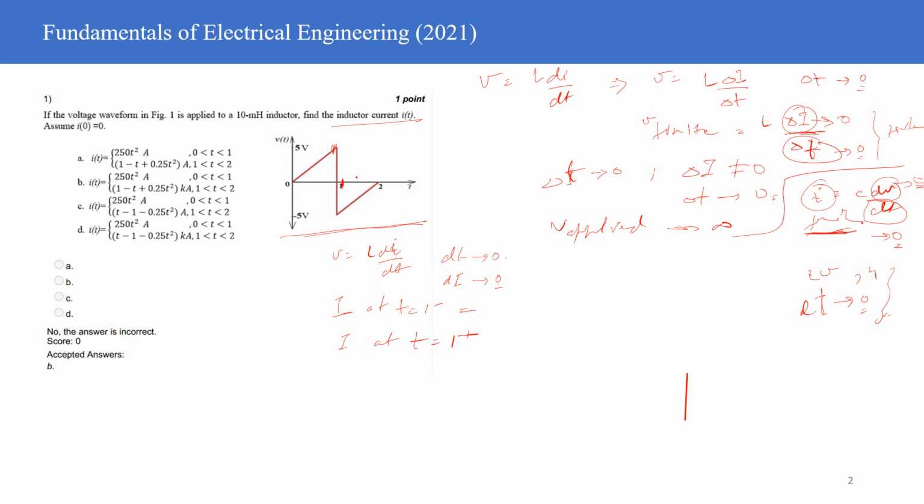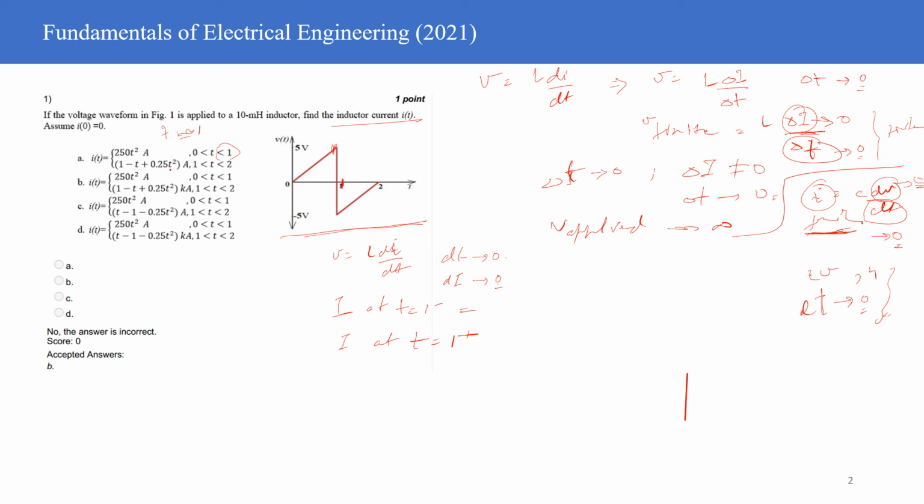Let's see the solution based on this particular idea. What is the current at time t equal to 1 minus, or you can say t roughly equal to 1? In option A, it is given as 250 t square. Put t equal to 1, you will get 250. Now at time t equal to 1 plus, you will have 1 minus 1 which is 0, and this is 0.25 t square.